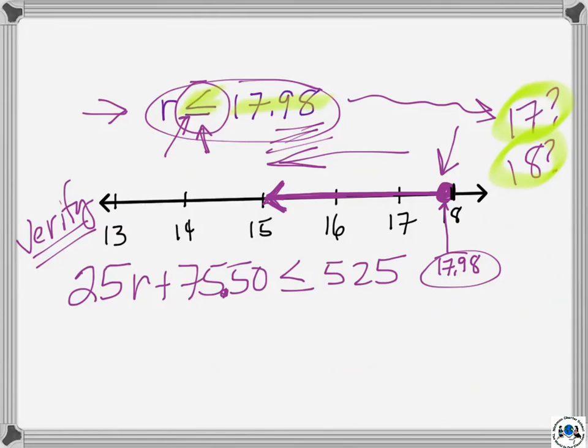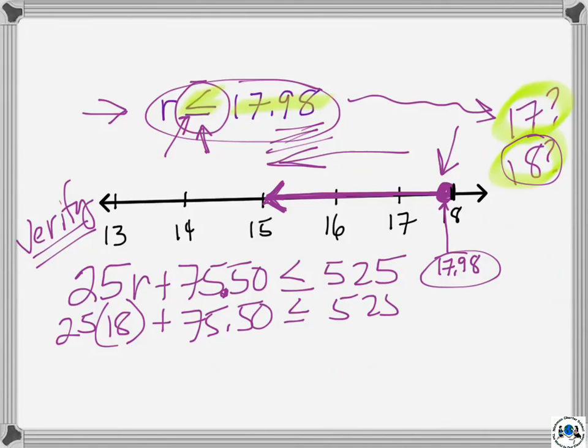So if I take 25, and of course I substitute my 18 in there, we're just checking 18 first. 25 times 18 plus 75.50 less than or equal to 525. Okay, and then I have got to do my multiplication here. Let me pause and do some multiplication. Okay, so back here I got 450.